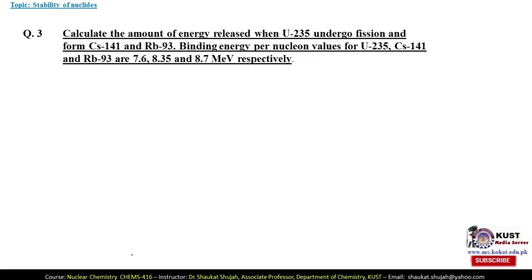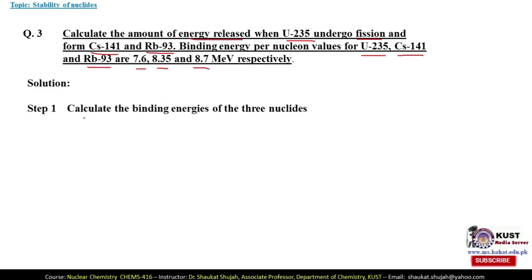Question 3. Calculate the amount of energy released when uranium-235 undergoes fission and forms cesium-141 and rubidium-93. Binding energy per nucleon values for uranium-235, cesium-141 and rubidium-93 are 7.6, 8.35 and 8.7 mega electron volts respectively.